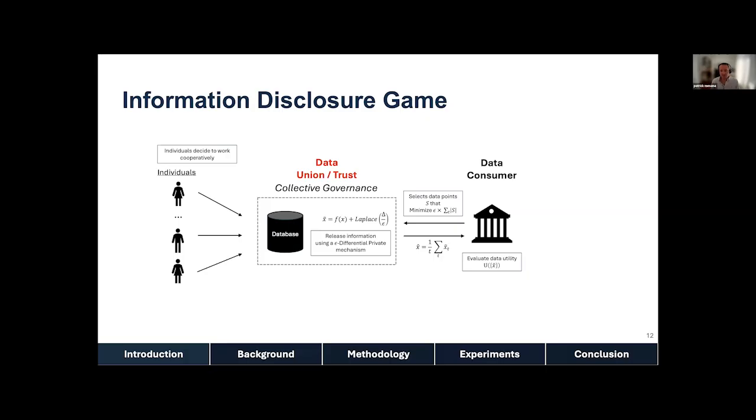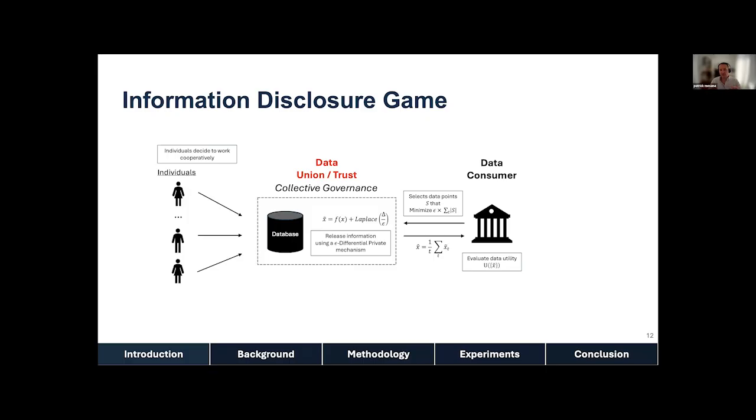Another setup, so it's the same game, but like I said, since we realized that data owner sometimes is not very well understood in the literature, we're working at the moment on saying the same game would apply if we would think about data union or data trust like I discussed at the beginning.